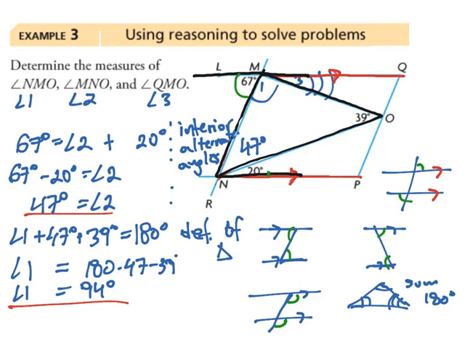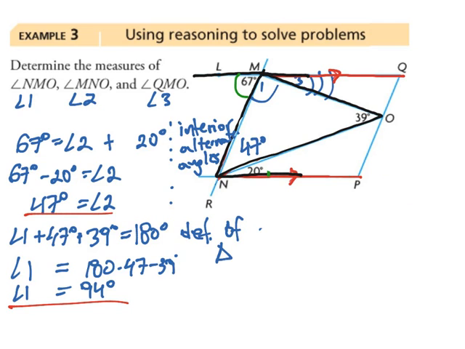Now what about the third? I'm going to erase some stuff, so we have more space. Of course, don't forget that since we found angle 1 on the picture, replace angle 1 with the value of 94. The last thing we have to look at is that this is a straight line. These three angles right here add up to 180 and make a straight line.